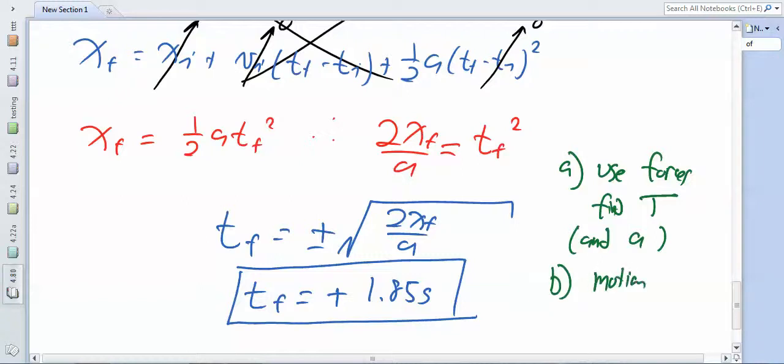So we used the motion ideas, the kinematic equations, to find the value of tf. So the forces in Newton's second law helped us find the tension, and the tension and the acceleration we used in the motion part of the problem in order to find the time. All right, so there you have it. Problem 4.80 from the second part of the homework for Chapter 4.